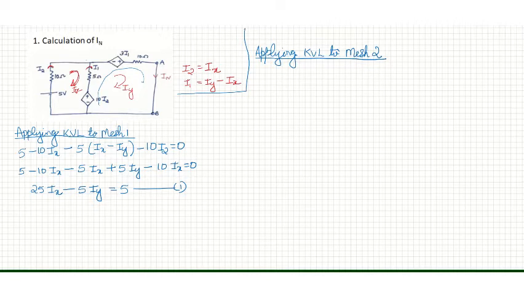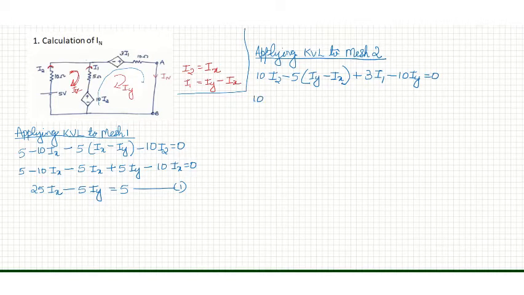Let's write the equation: 10I2 minus 5 into (IY minus IX) plus 3I1 minus 10IY equal to 0.